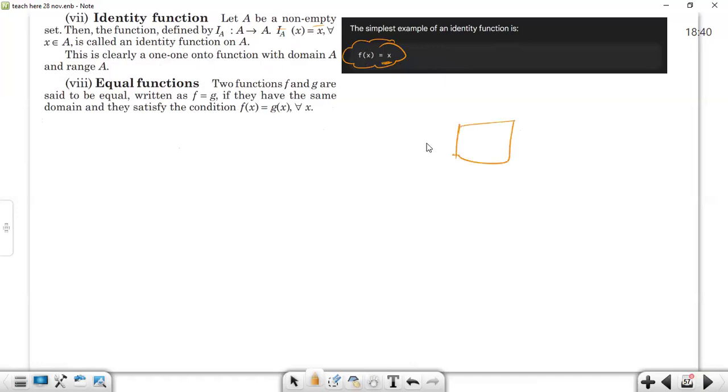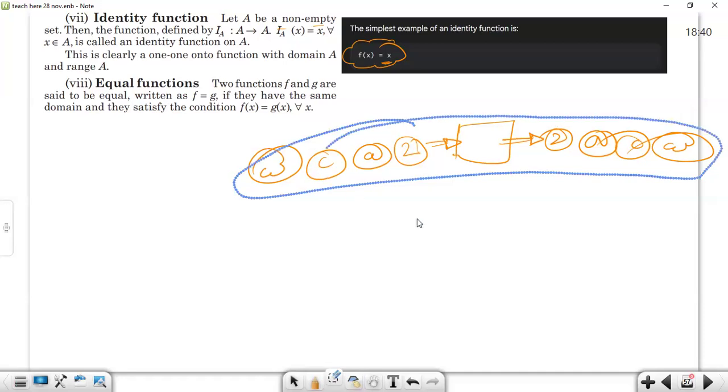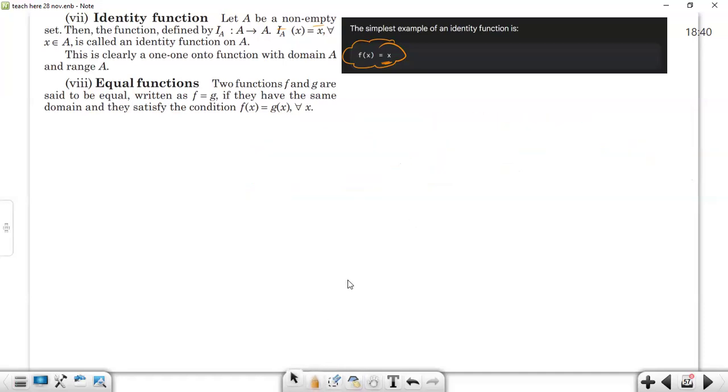If we input 2, the output is also 2. If we input A, the output is also A. If we input C, the output is also C. If we input omega, the output is also omega. No change, okay? Understood? Yes, sir. So this is our identity function.